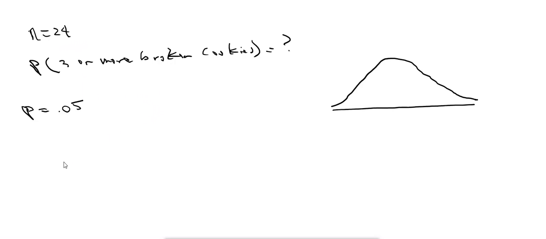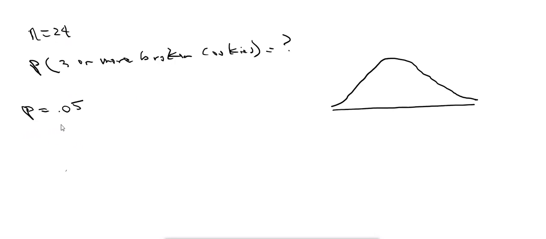We could do that much faster, but we need a mean and standard deviation. We just looked in the book, and it said that since this is a binomial distribution, meaning either the cookie's broken or it's not broken, the only one of two things that could occur, this is clearly binomial, 24 trials.